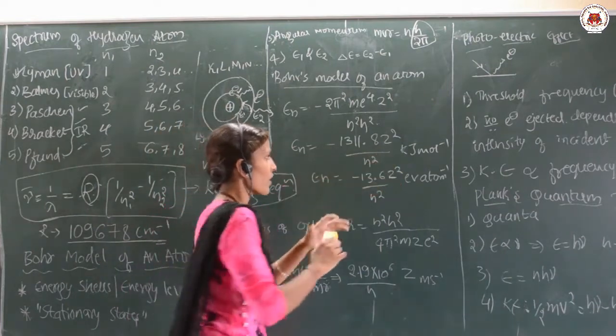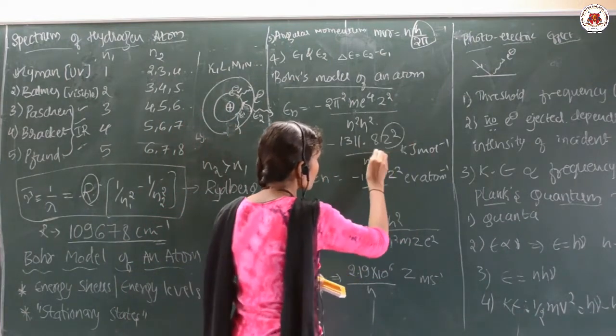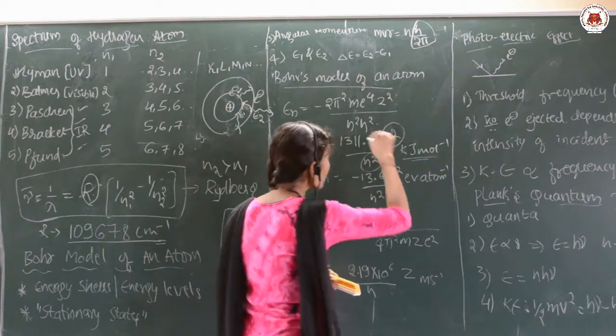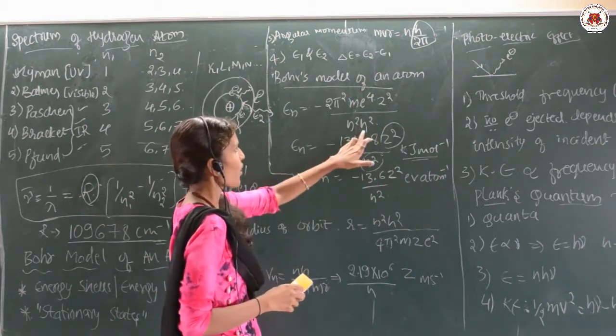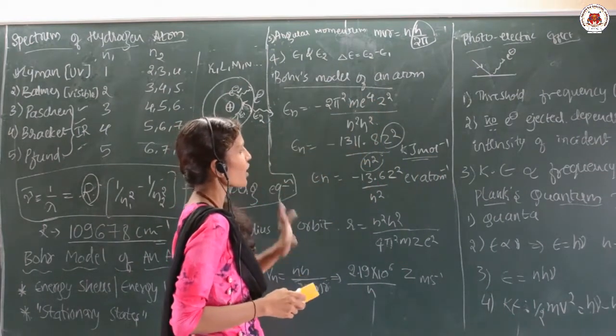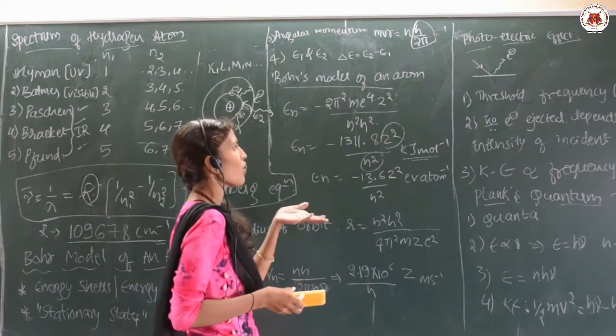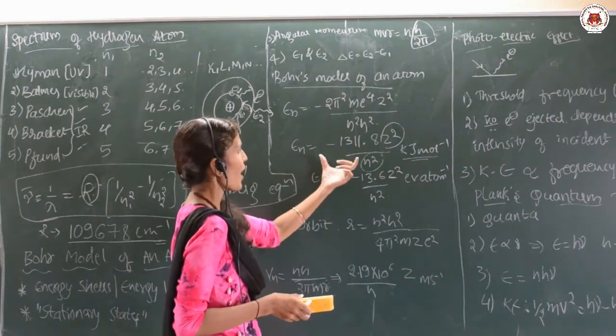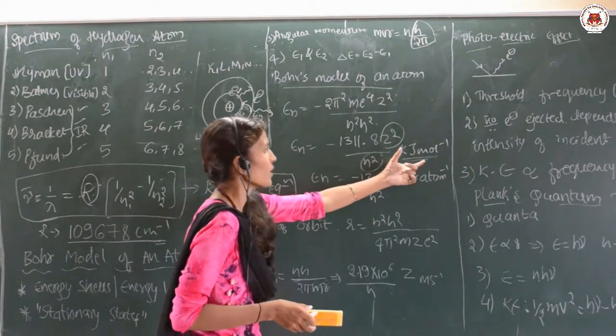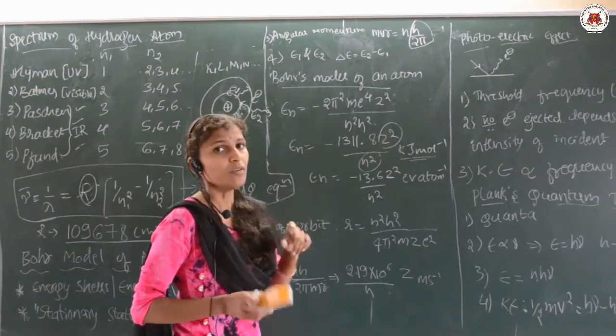That is, it is expressed in z and n, these values are kept as they are, and all other values, h, m, pi, e, are substituted and calculated. The value we get here is in terms of kilojoule per mole.